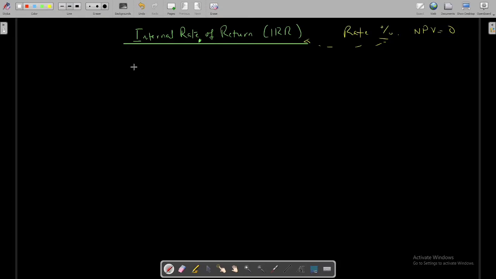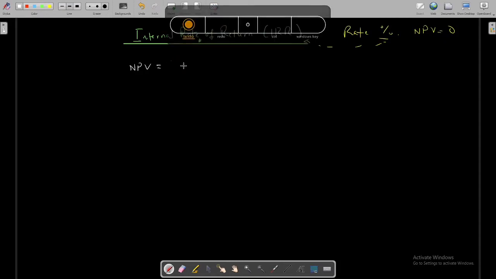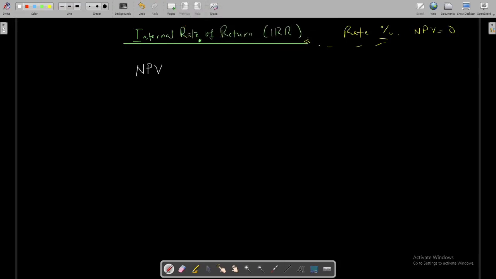We can say the internal rate of return is when the NPV, which was seen as the summation, from t at 0 to n, of the present values of the cash flows, 1 plus r exponent n, minus the initial investment, should be equal to 0.